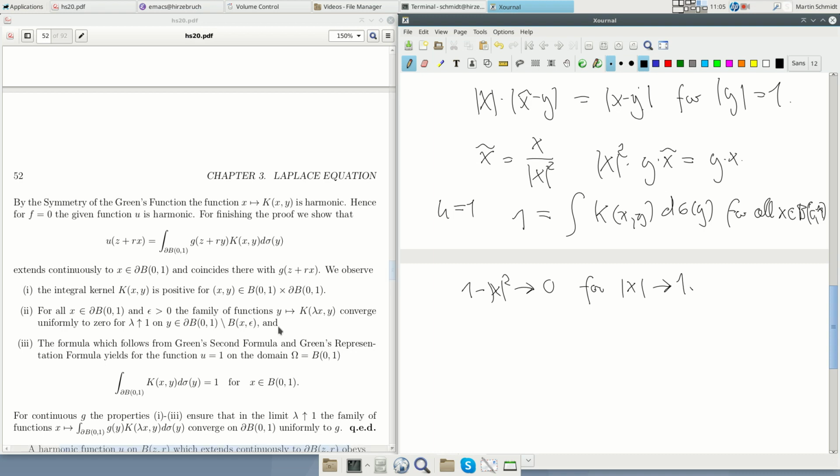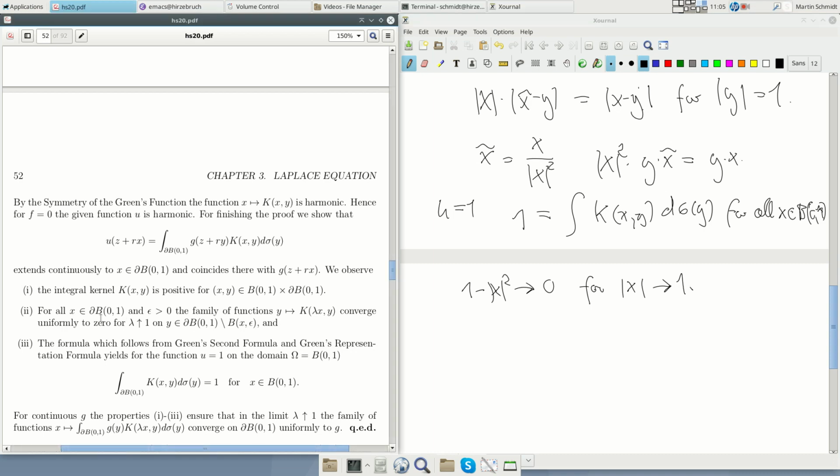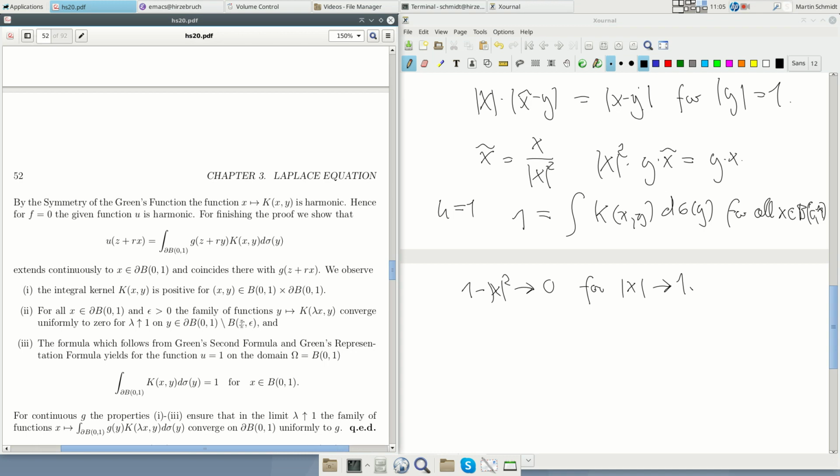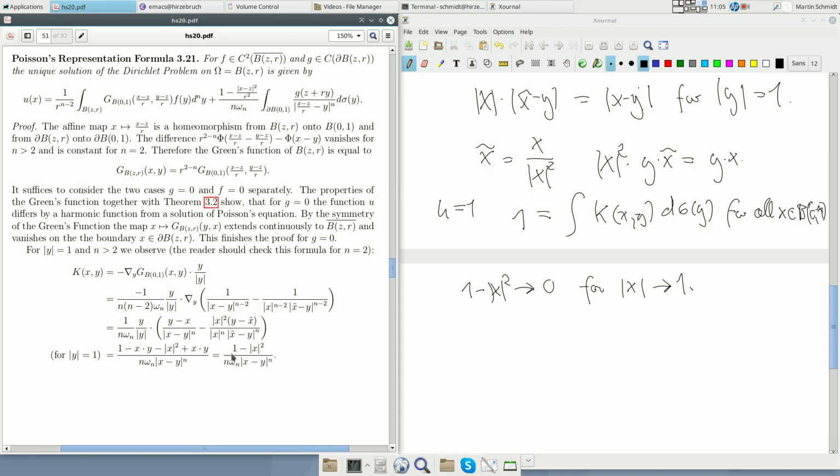This is clear. If we have an argument x in the unit ball and multiply it by some lambda which goes to 1, then we know that this goes to 0. Now look at the term on the top, and the term on the bottom.